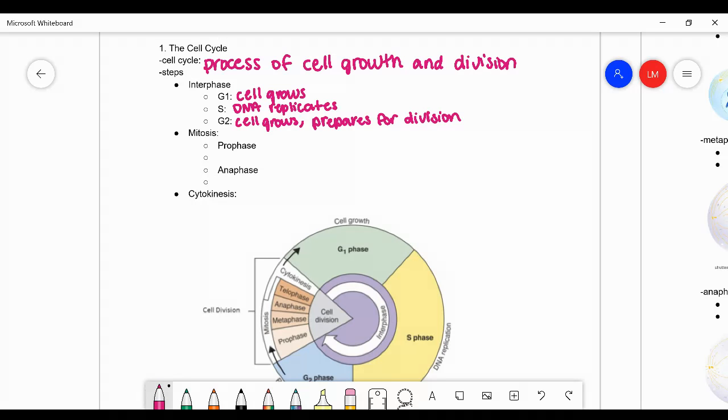Next comes mitosis, where the cell divides the nucleus. And it happens in 4 distinct steps: prophase, metaphase, anaphase, and telophase.